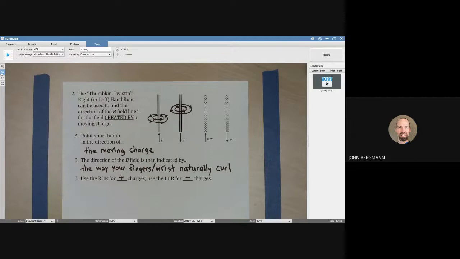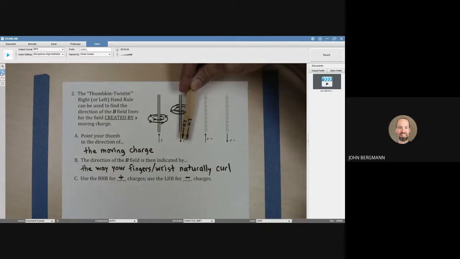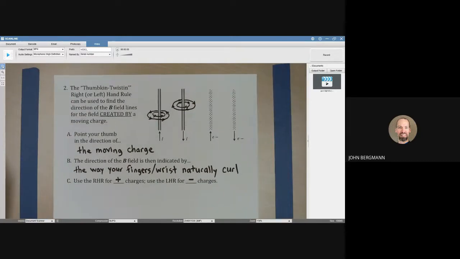We point our right thumb in the direction that the charge is moving, and on the right side, the field is coming towards us, and then on the left side of that wire, the field is going away. Let me zoom in closer.